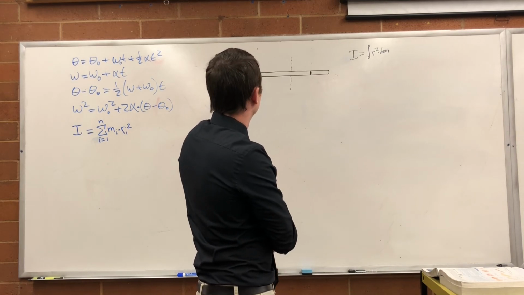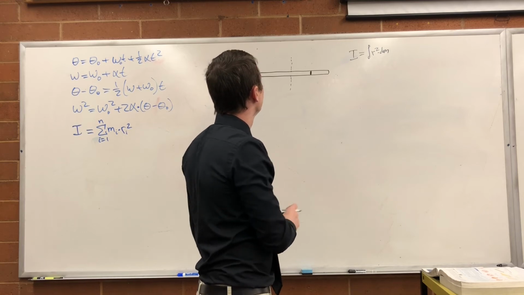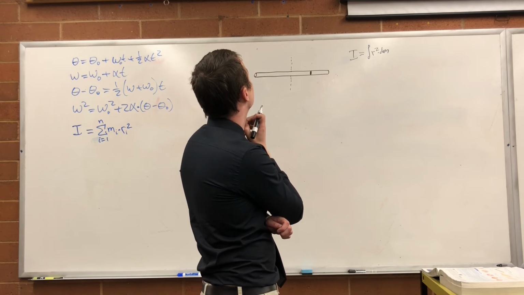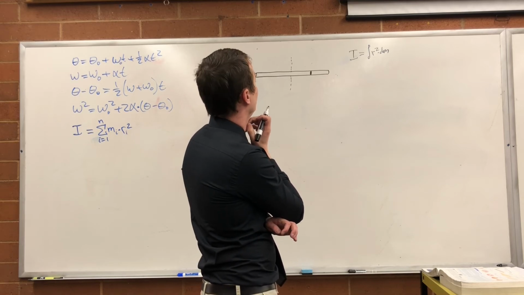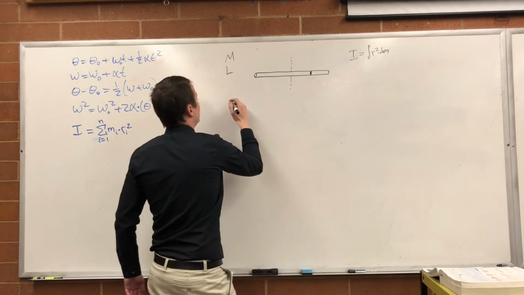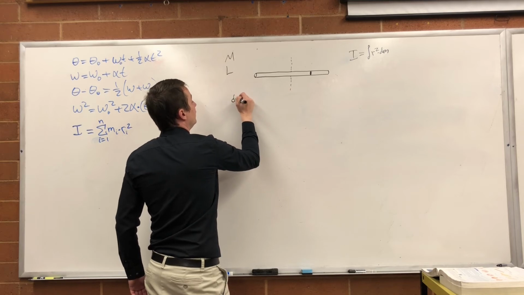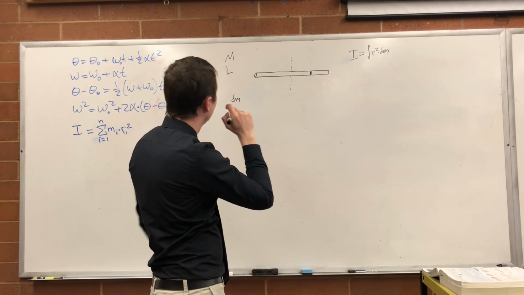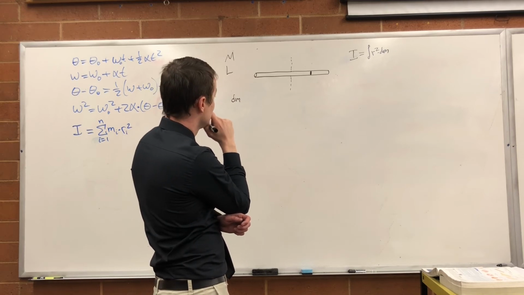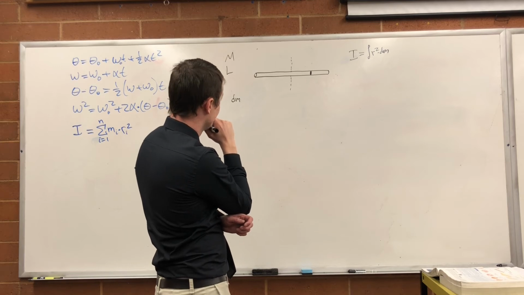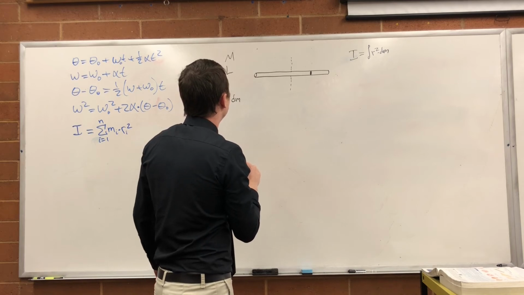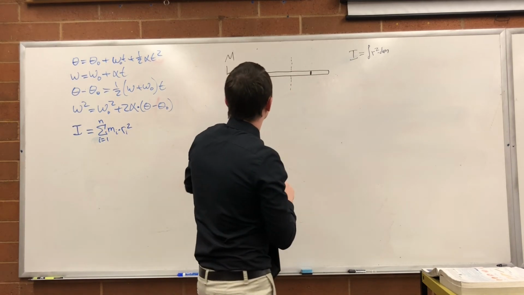Let's see how I'm going to want to do this. I might be overthinking it, because I'm thinking, assume it's a solid, but, let's see, dm, because the mass is going to be uniformly distributed.